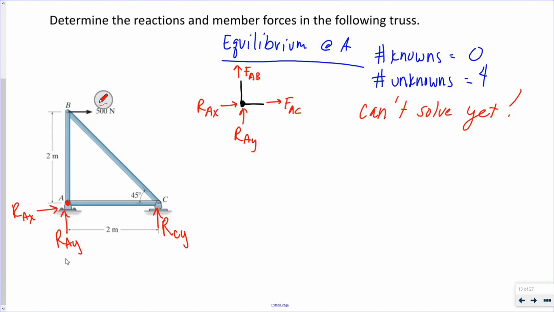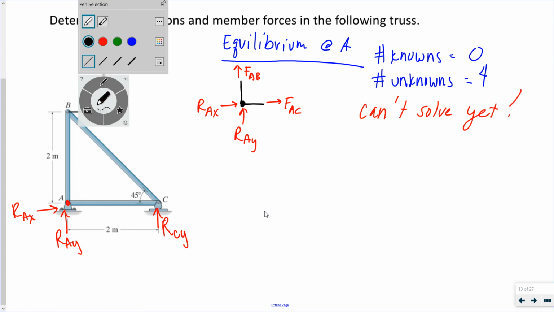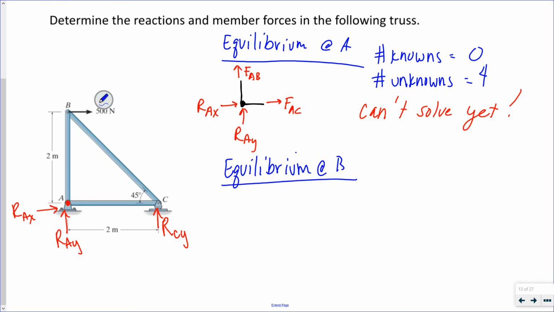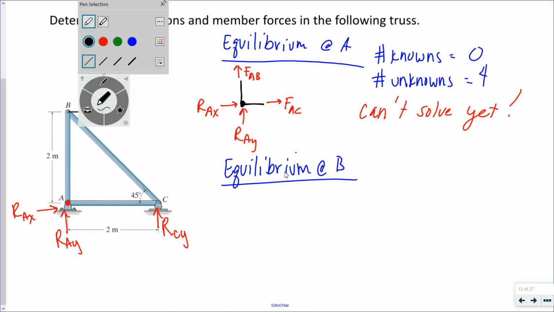Alright. So let's go look at B. Let's see. There's my joint.